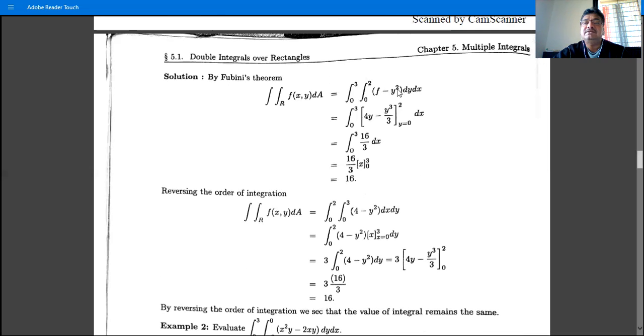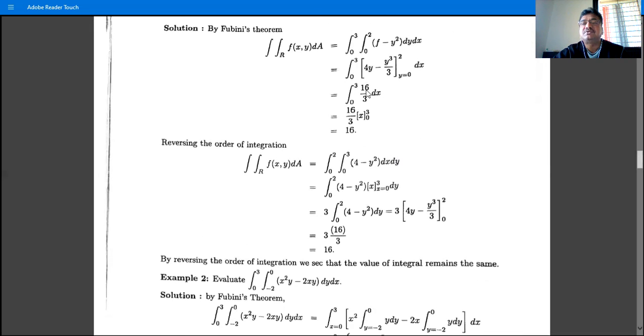Then we integrate this same example with respect to x first. So write the integration now from 0 to 2 for y, and the limit on x is 0 to 3, of 4 minus y square dx. Now 4 minus y square is a constant quantity, so its integration with respect to x is 4 minus y square into x, and x runs from 0 to 3.